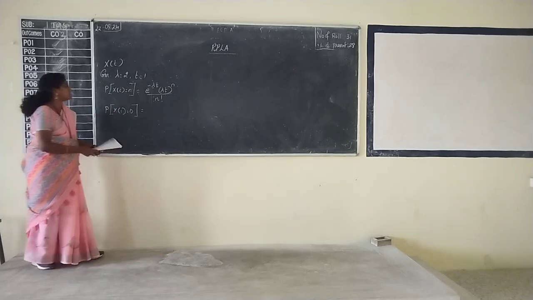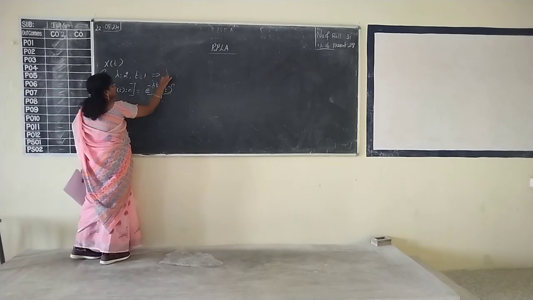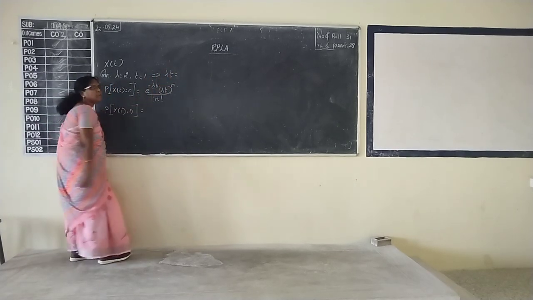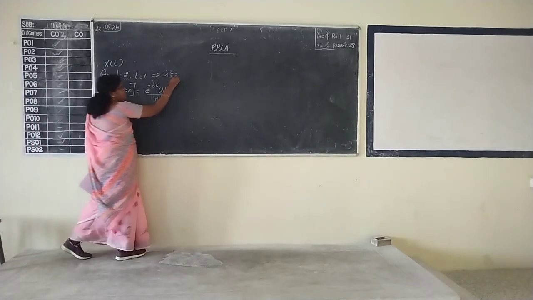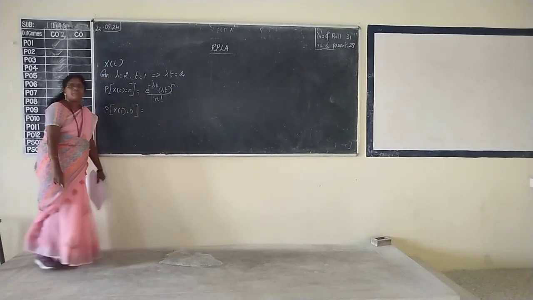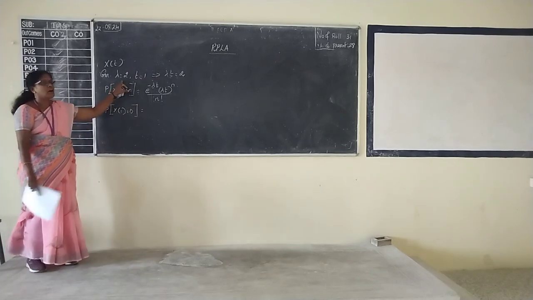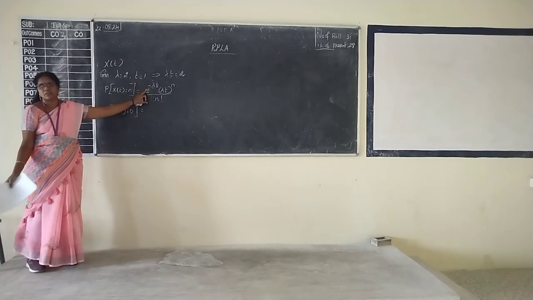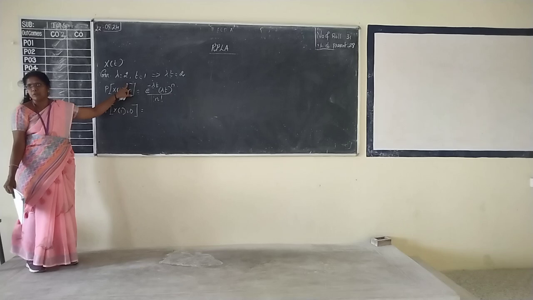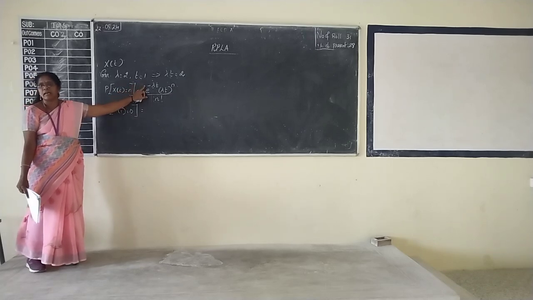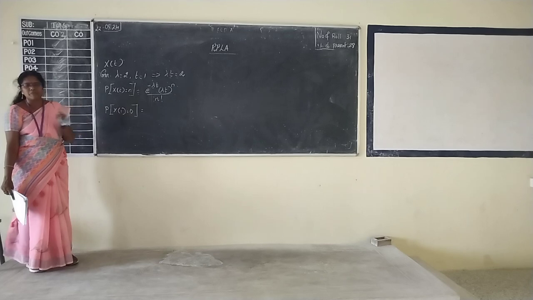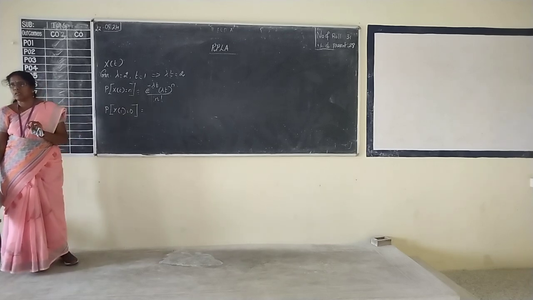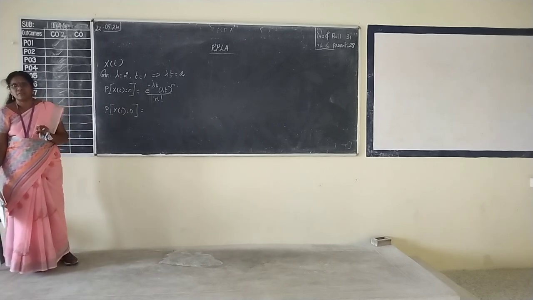What is lambda t? 2 into 1. And be careful, everything should be in the same unit. Lambda equal to 2 per unit, time t is also given per unit. Mostly the unit is the same. Very rarely they will change it.